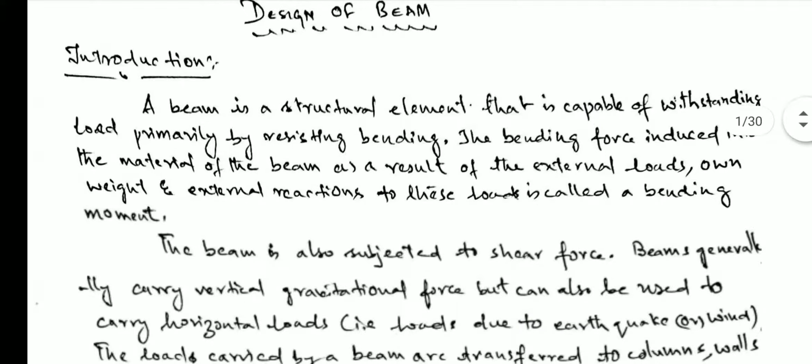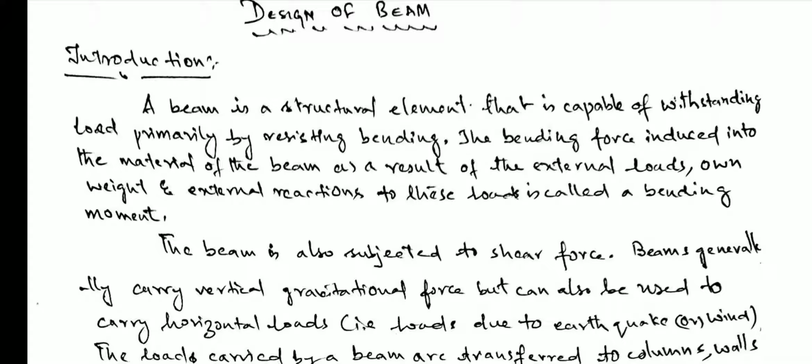A beam is a structural element that is capable of withstanding load primarily by resisting bending. The bending forces induced into the material of the beam, as a result of the external loads, self weight and external reactions to these loads, are called bending moment. What is bending moment?